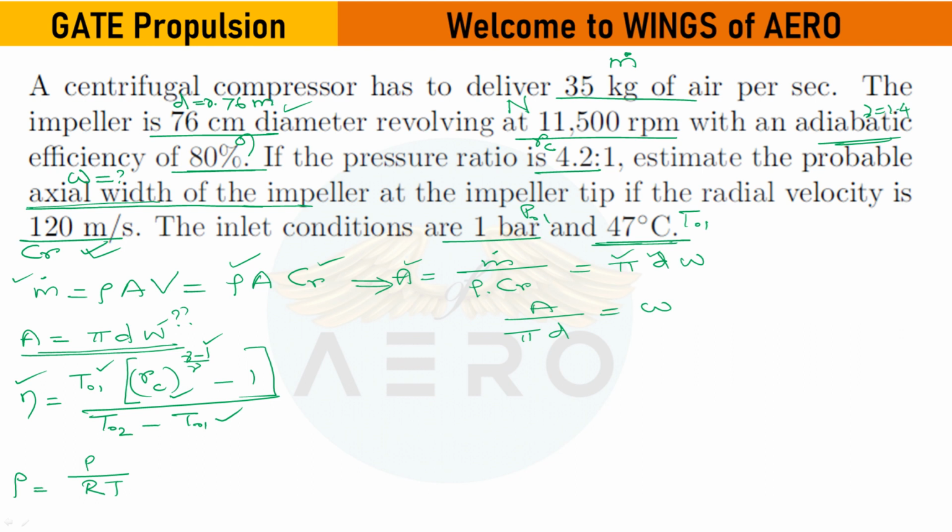Whether you will use P naught 1 by R T naught 1 or P naught 2 by R T naught 2. Which condition will you use? You can unmute and say.